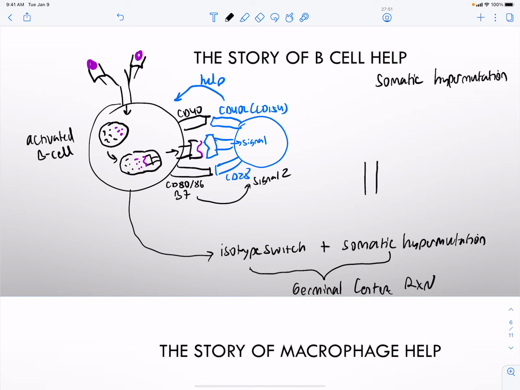So here's your B cell receptor. And this area is the variable region. And if you blow this area up, here's your variable region.